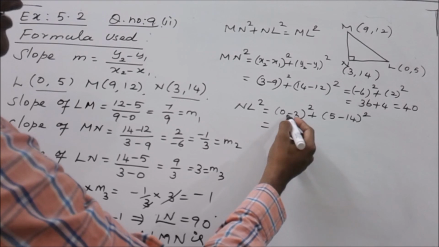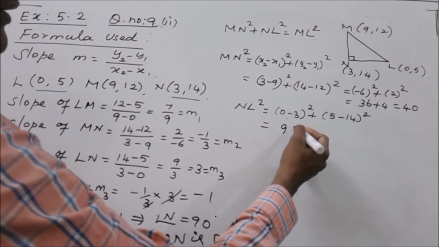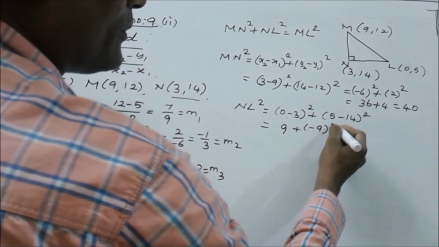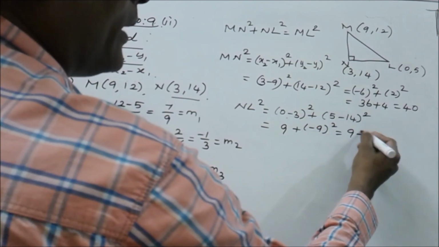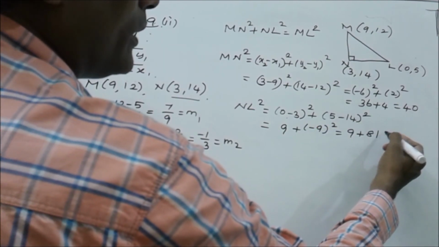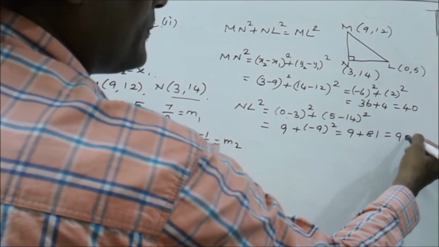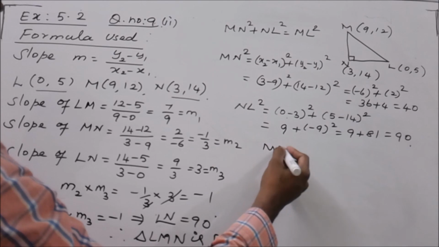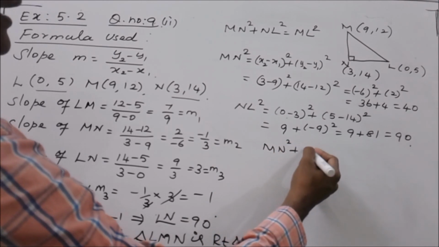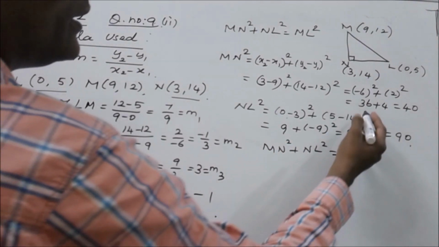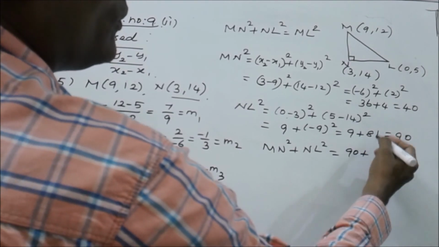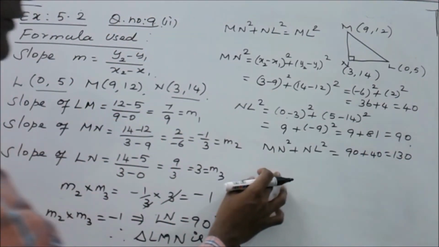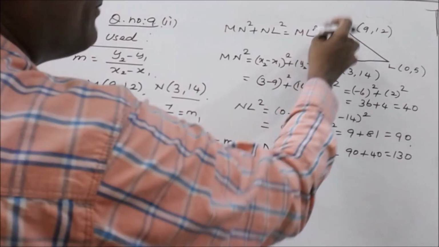This is equal to 3 square, 9, plus (-9) square, 81, equals 90. Now we add these two values: MN square plus NL square equals 90 plus 40 equals 130. We should show this value is equal to ML square.